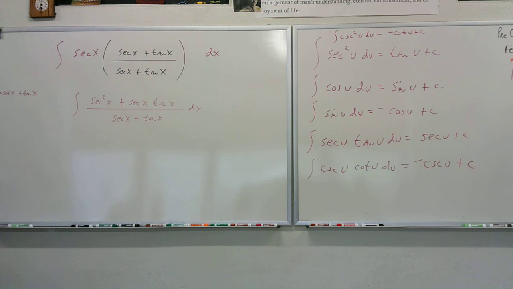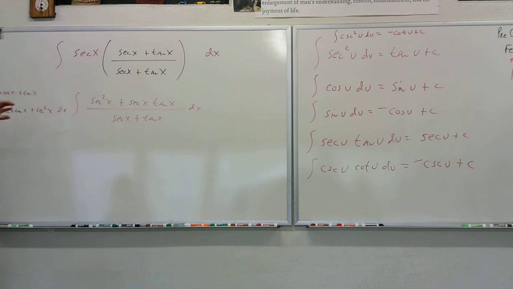Wait, we're taking the derivative of the denominator? I want you to take the derivative of the denominator. Just tell me what you get. The same thing as the numerator. Who said that? Yeah, the man on the back row, he's already ahead of me here. du is equal to secant x tangent x plus secant squared x, and then you put a dx at the very end.